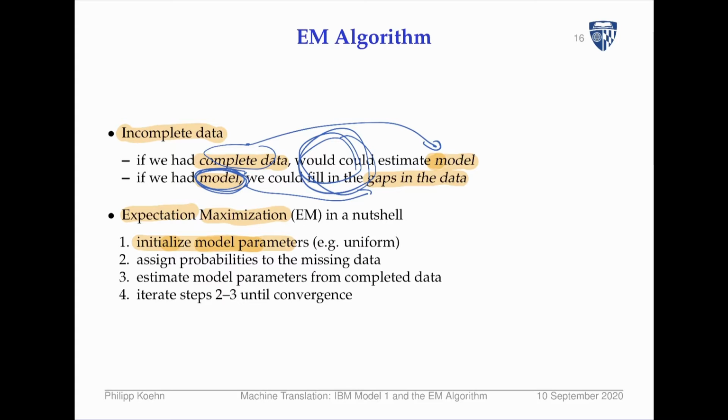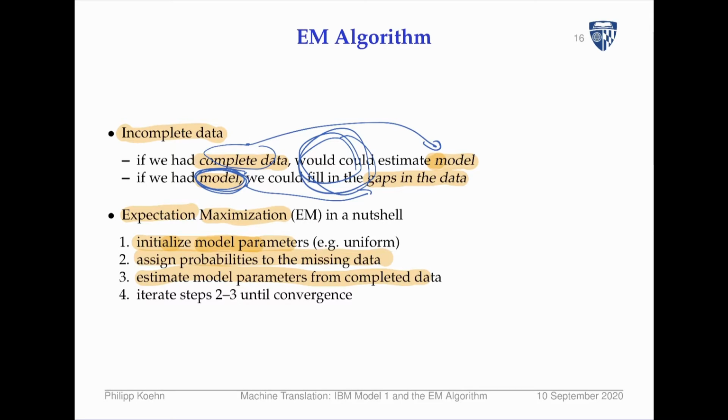So we initialize the model, for instance, by assigning uniform translation probabilities or just random values, and then assign probabilities to the missing data. That's the first step. We fill in the gaps in the data with a model and then estimate model parameters from the completed data.